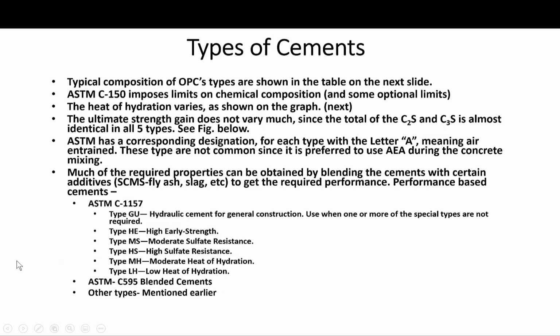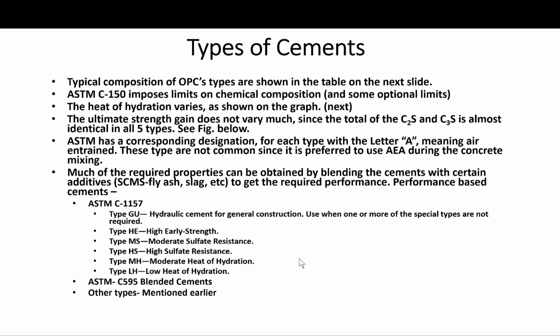The HE, which is the high early strength. The MS, moderate sulfate resistance. The HS, high sulfate resistance. MH, moderate heat of hydration. And LH is the low heat of hydration. So these cements, as I said, are performance-based. And again, you could designate them or specify them. Basically, you are specifying certain performance, not a cement.